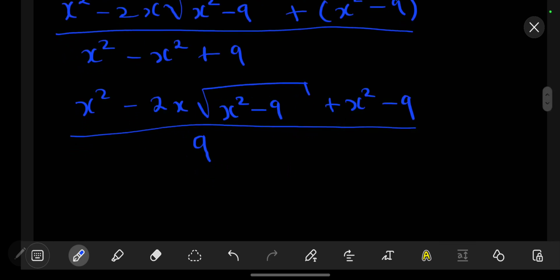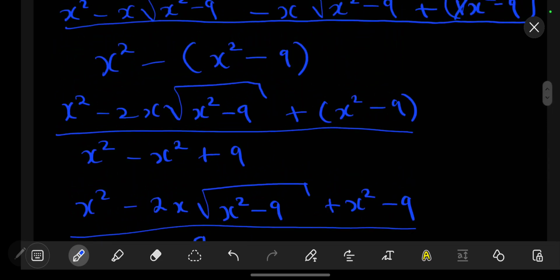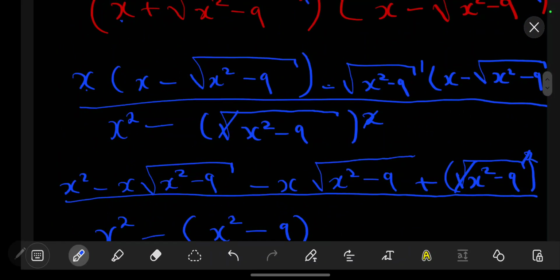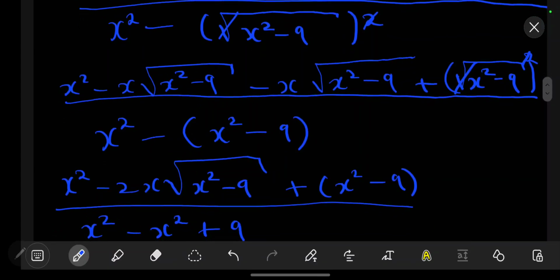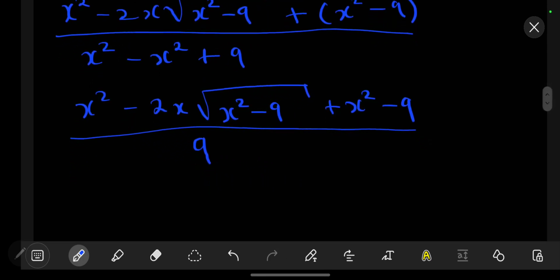Then we are just going to add on top. So we have our x. Let's check if it's supposed to be positive. Yeah, it's supposed to be positive. So we are going to add our x squared plus x squared. We are going to have 2x squared.